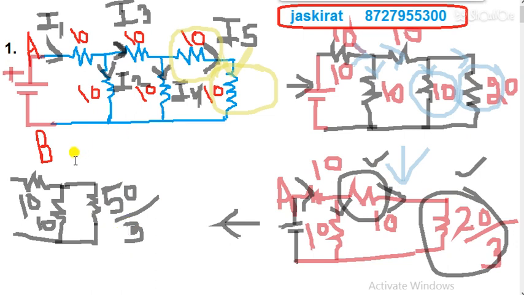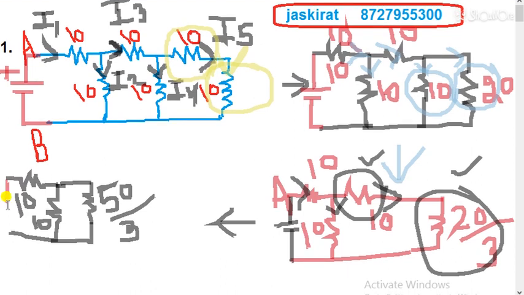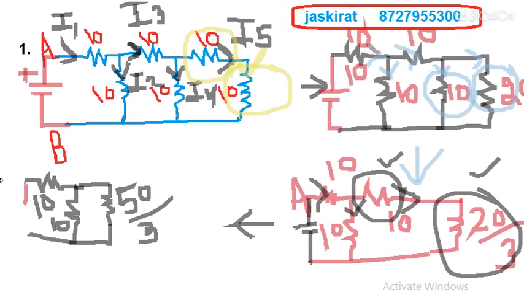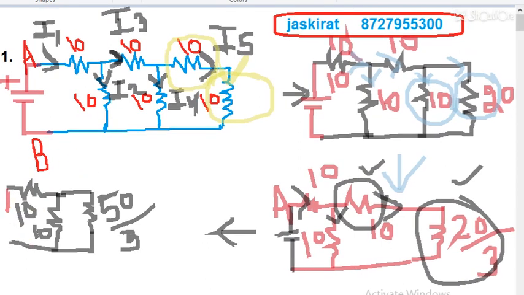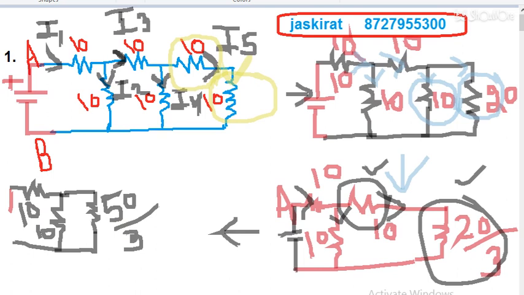Now students, I have to check it again. If I connect a battery here, then you can easily see, if I take a battery here, positive terminal and negative terminal, then let's suppose I1 current is flowing in this branch, then I2 current will flow in the second, this 10 ohm resistance, and I3 current will flow through 50 by 3.